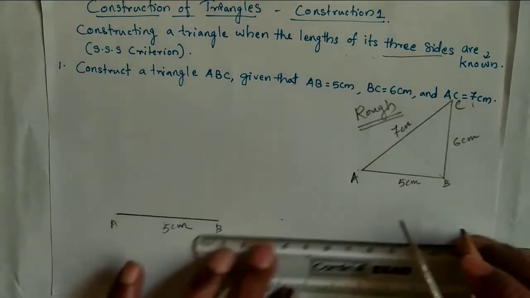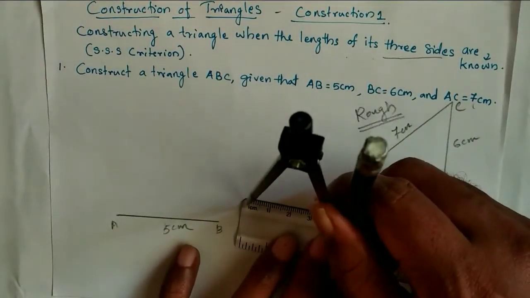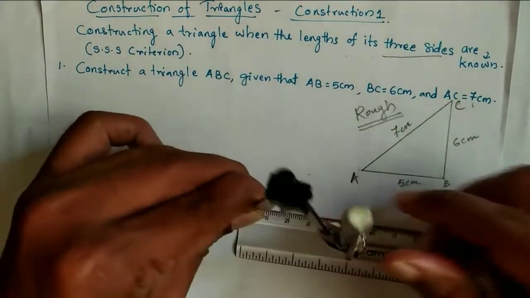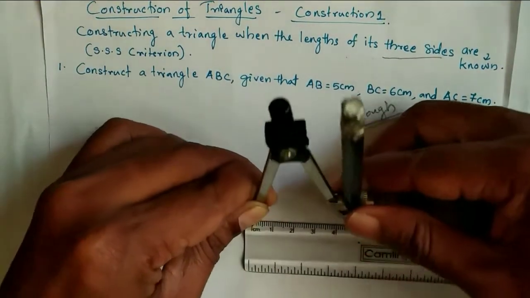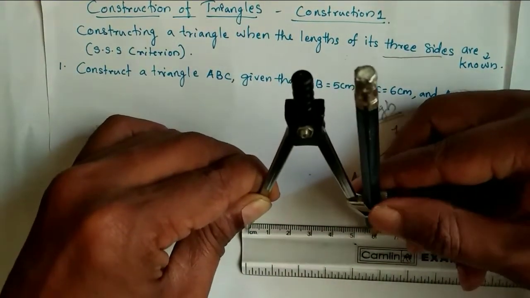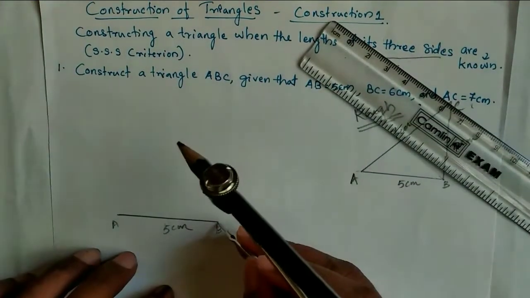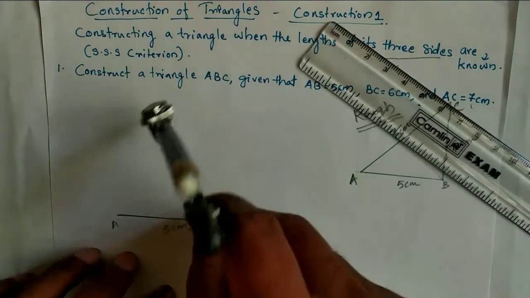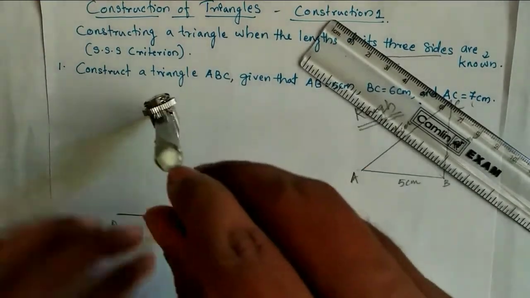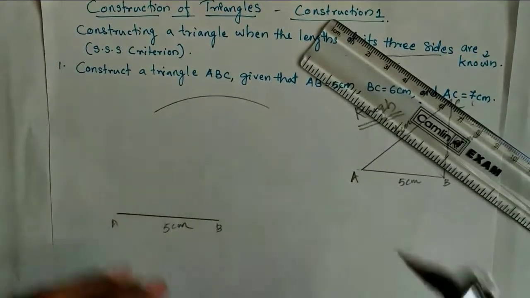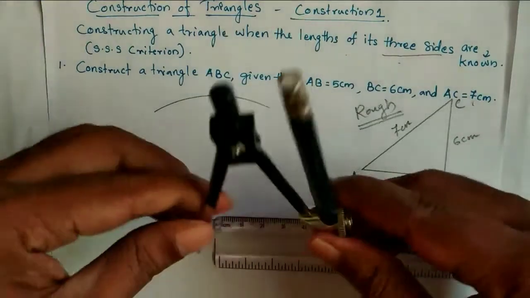Then take your compass, measure 6 centimeter, that is BC, put your compass on B, and draw an arc above the line segment AB. So this is the 6 centimeter arc.